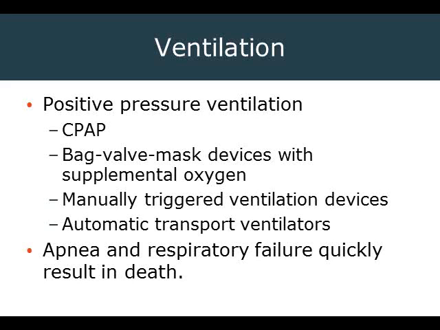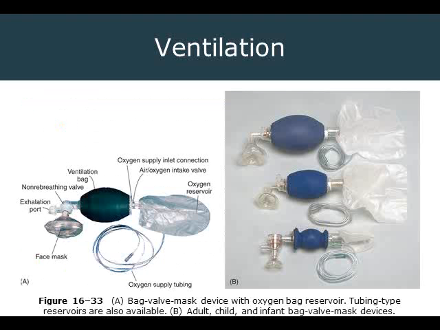If we do nothing, though, apnea and respiratory failure potentially have the result of death. So when we're going to ventilate, we need to make sure we have the right type of device to ventilate.